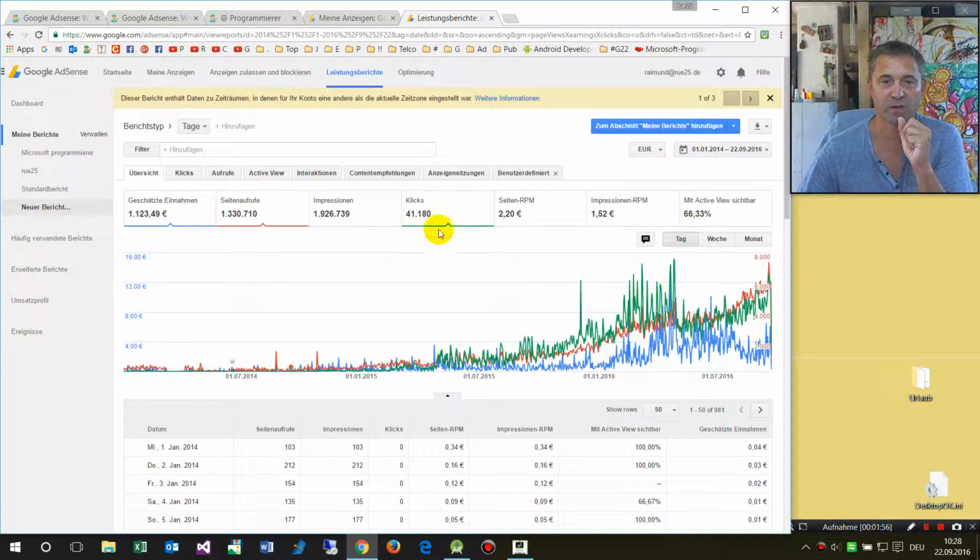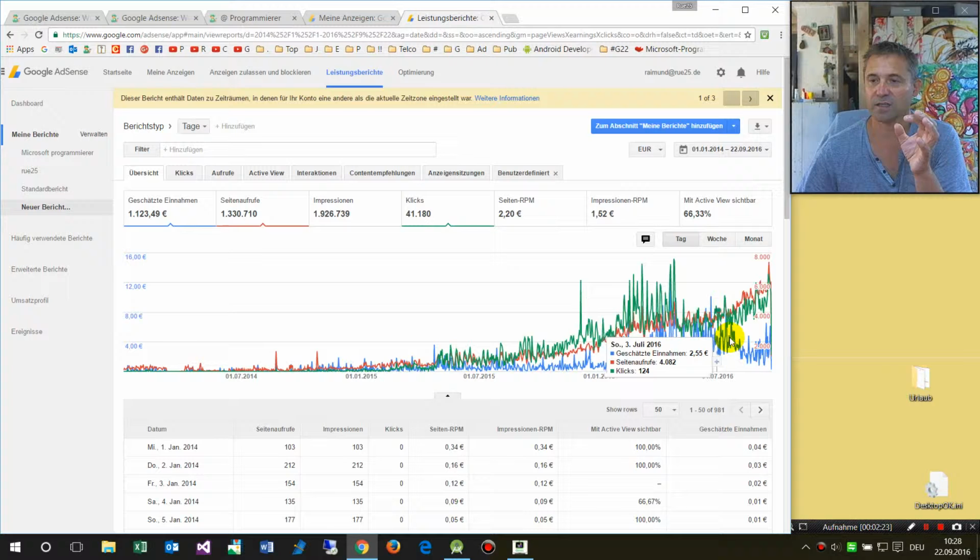The blue one is the earnings, and the green one is how often a banner or an ad was clicked. As you see, my site was coming up at the beginning of the year, and also the amount of clicks came up. And it was the same with my earnings.